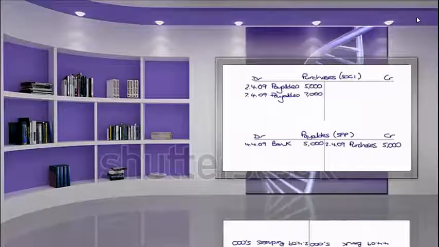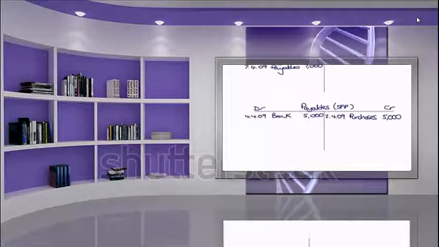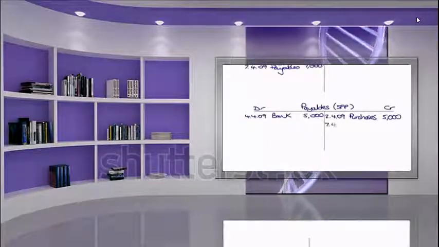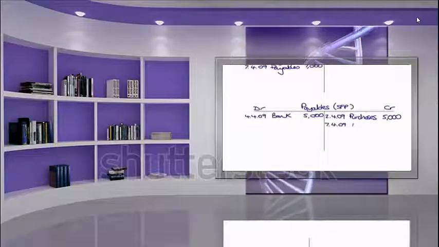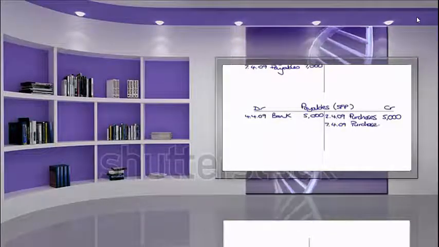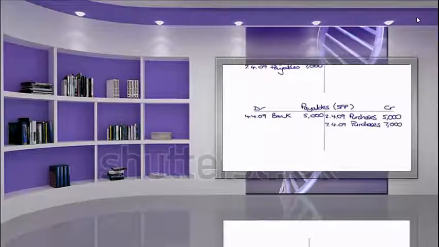Now if we do the corresponding credit entry, looking at payables on the 7th of April 09, our opposite account is purchases, and we're going to credit that with 7,000.